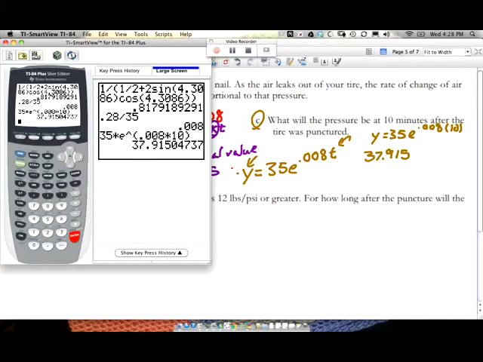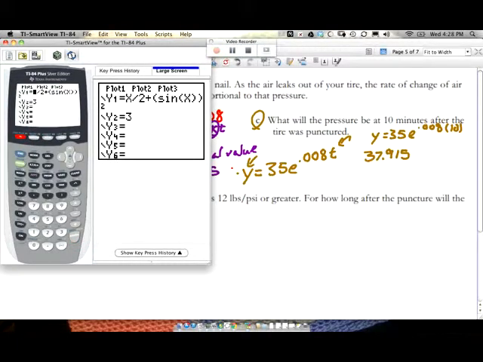So I'm going to graph this relationship, see what we got. We would have 35 times e, so we got second, oh, you know what, maybe I should have done e to the, instead of the other one. 0.008. And then we have our variable, which in this case is an x, even though in our other writing it's a t.